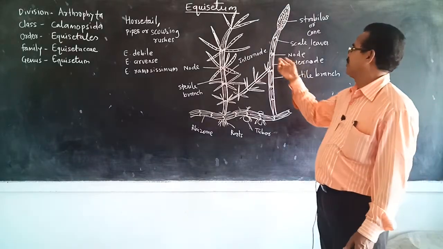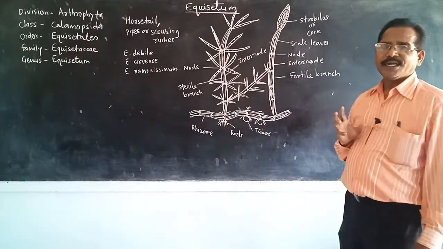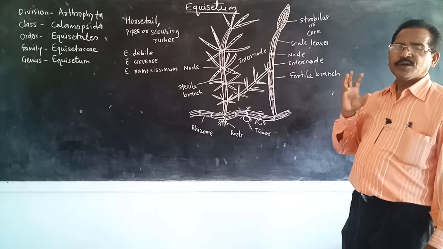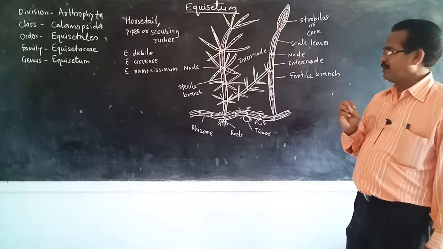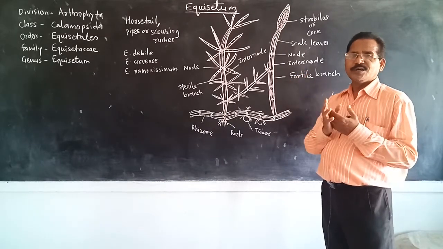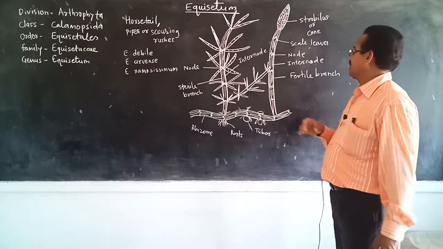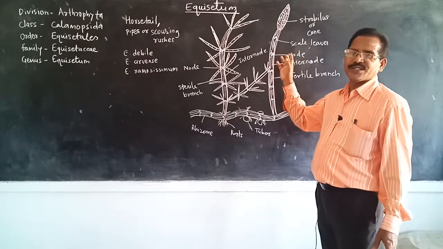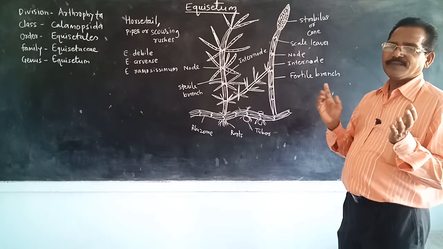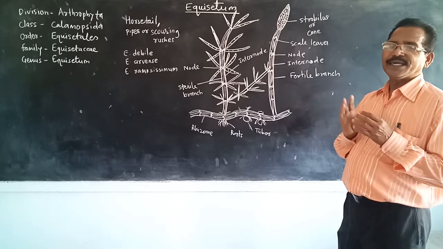They get attached to the base of the nodal region and protect the growing nodal part, covering the whole nodal region. It is a teeth-like structure. They are laterally fused with one another and terminally free like teeth.